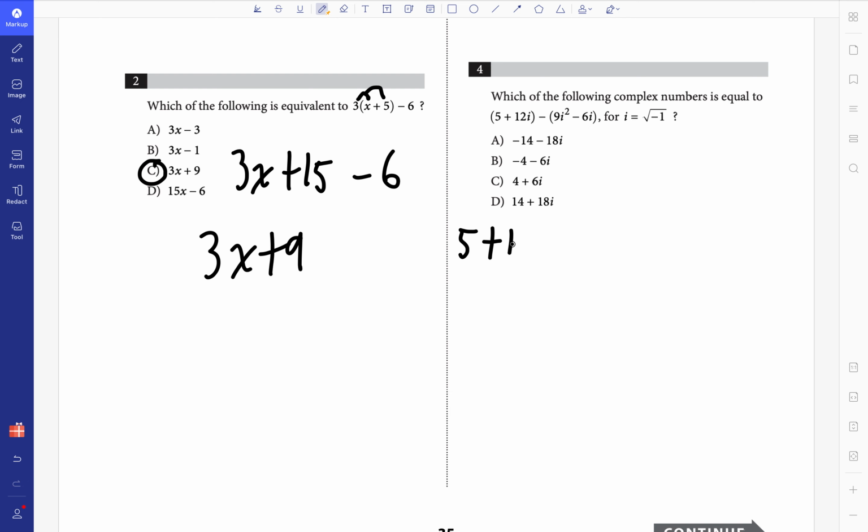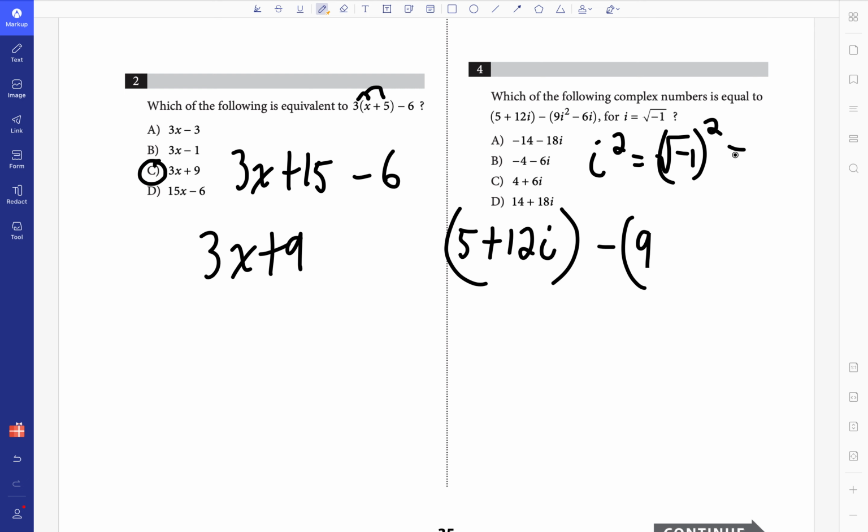Let's rewrite it: 5 plus 12i, minus 9i squared. i squared is going to equal the square root of negative 1 squared, which is just negative 1. So this i squared right here is just negative 1.